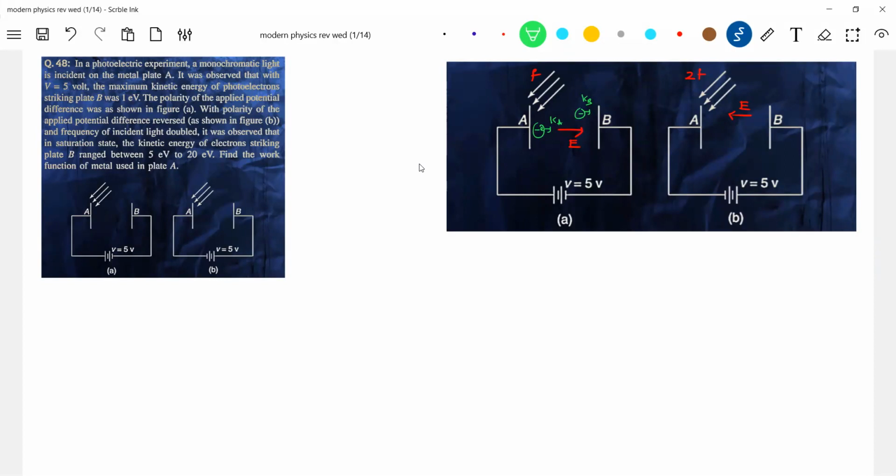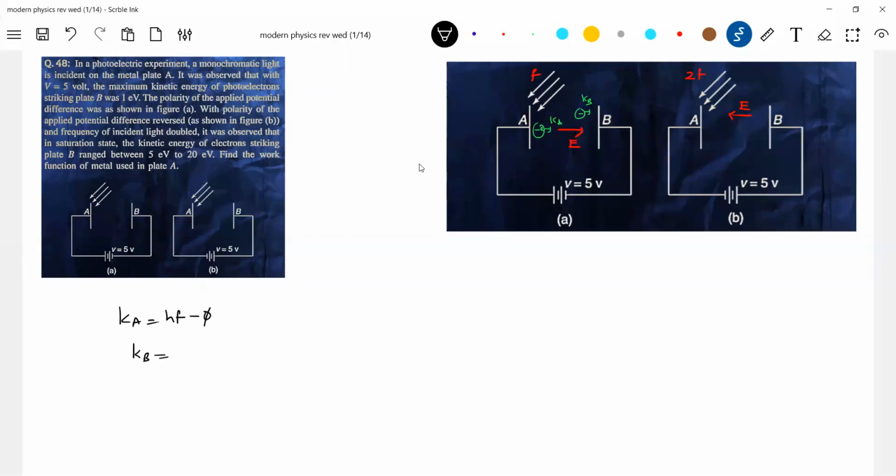Okay, we'll write equations now. Ka, no? So what is Ka? You can write it as HF minus work function. And what this field will do is retard.